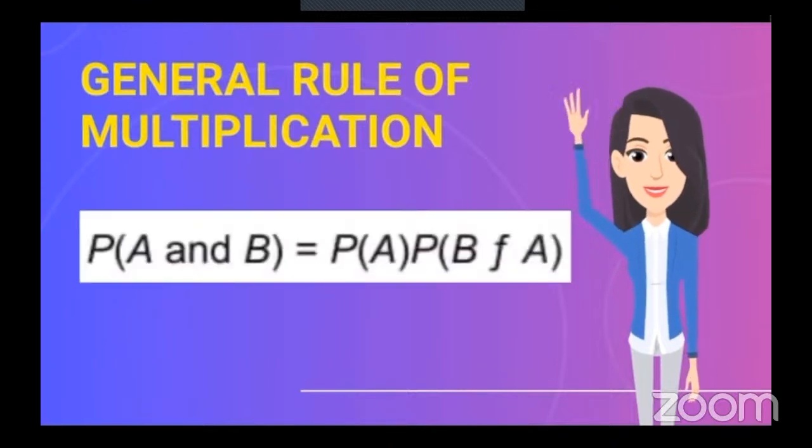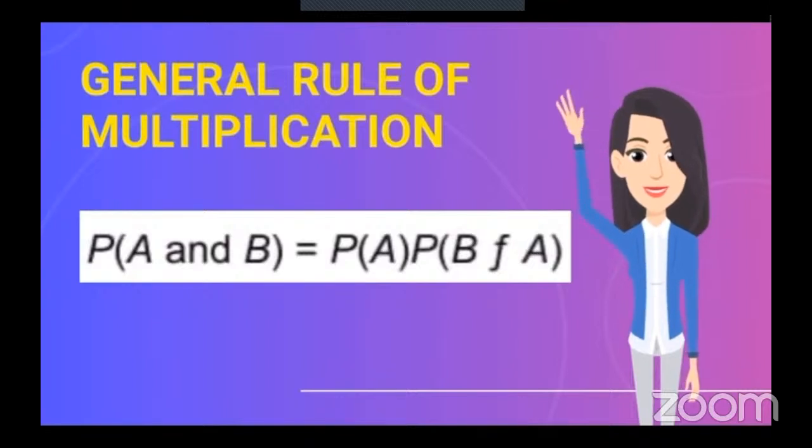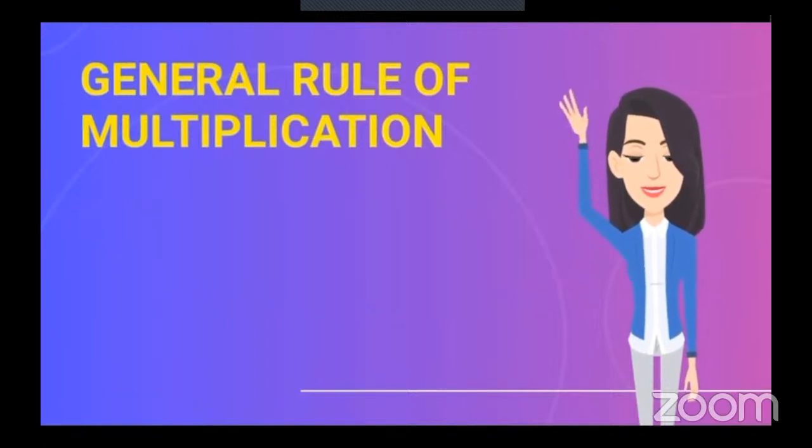The general rule of multiplication is written as probability of A and B happening equals probability of A happening times probability of B happening given A has already occurred.